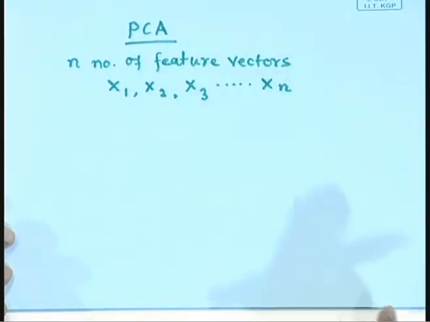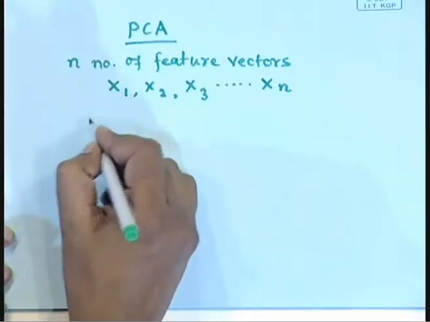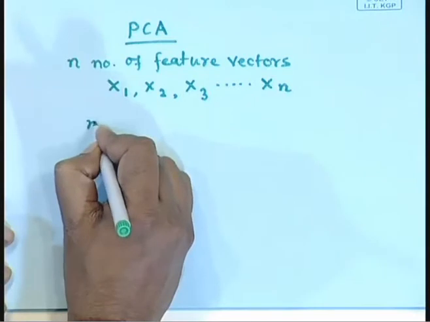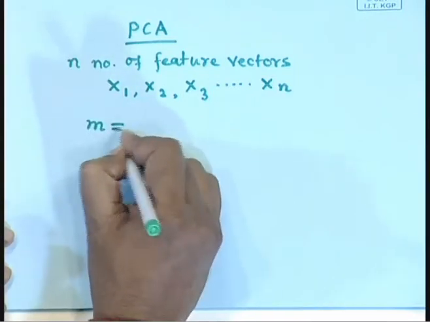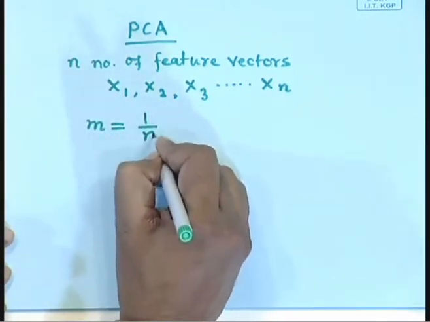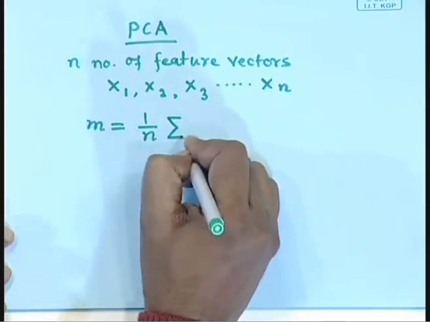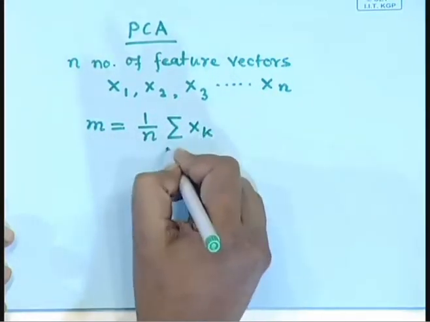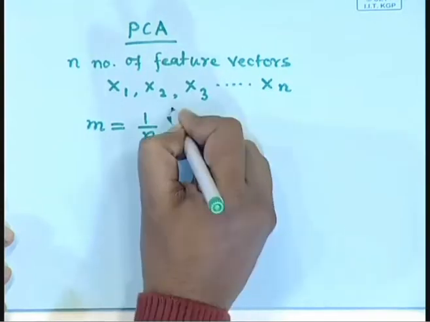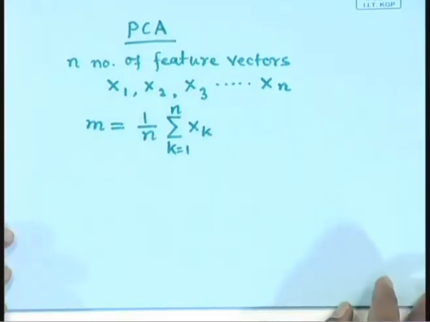Each of the feature vectors is of dimension d, right. Obviously, the mean of this set of feature vectors is given by 1 upon n sigma x k, k varying from 1 to n, that is the mean of the feature vectors.